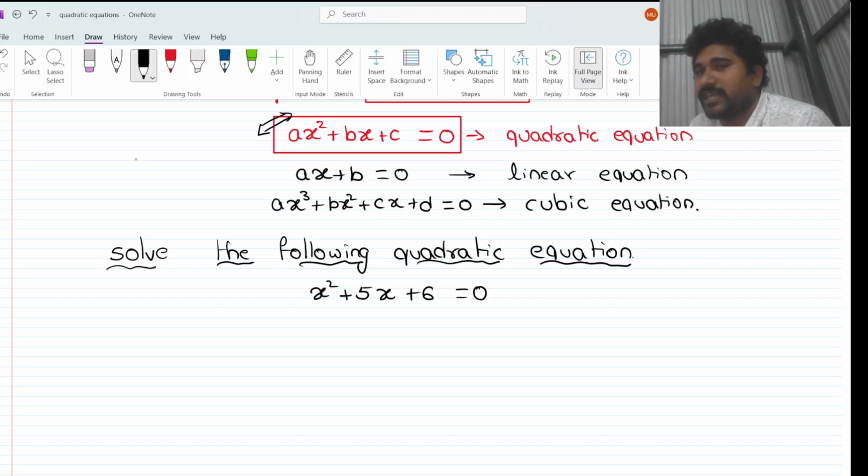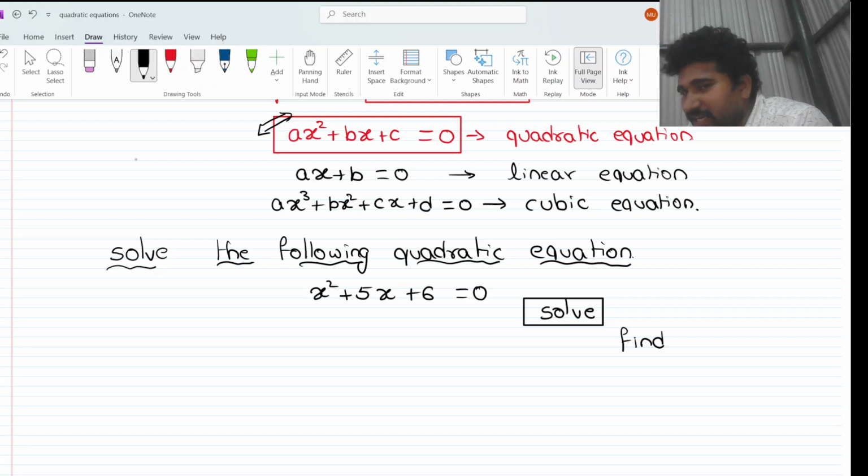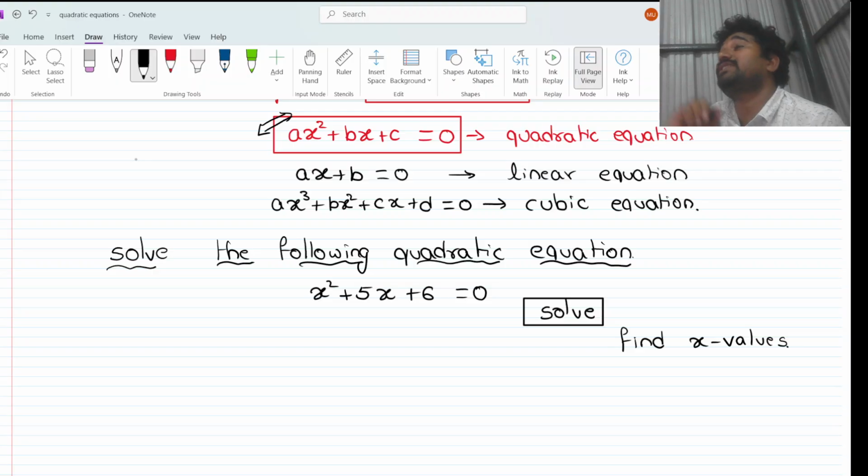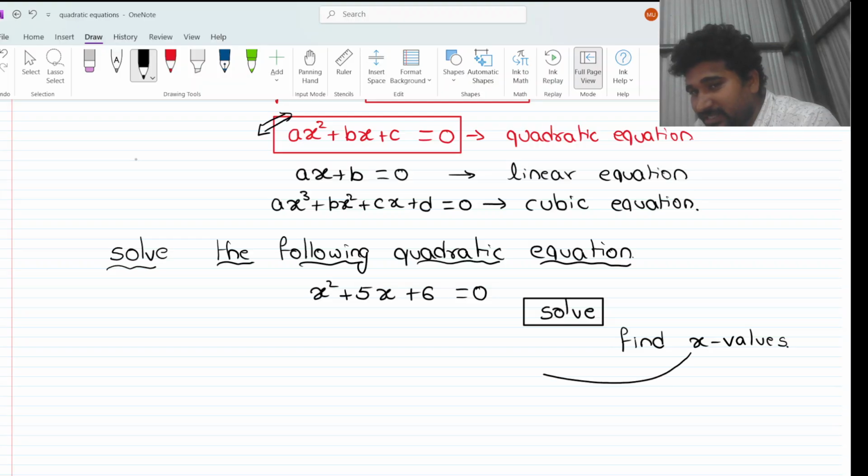First of all, understand, if somebody says solve, what does it mean? You have to find the x values which satisfy this equation.